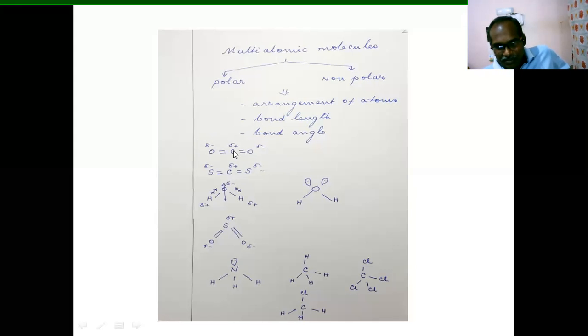Therefore, the distance between the charges becomes zero. Therefore, the magnitude of the charge multiplied by the distance zero again gives mu equal to zero. That is how the carbon dioxide molecule does not have a permanent dipole moment.